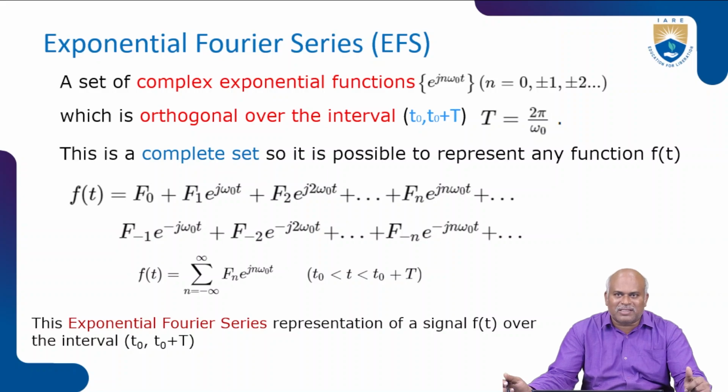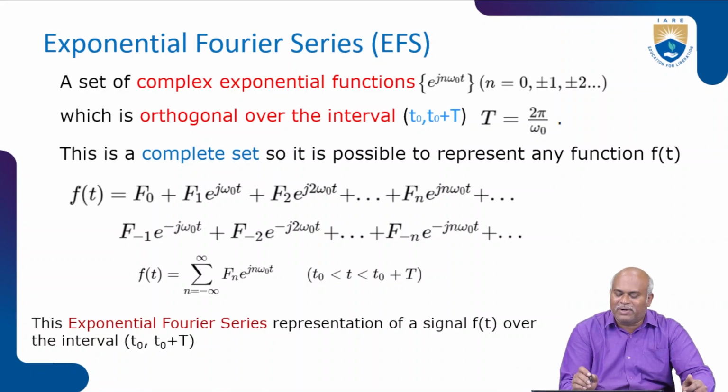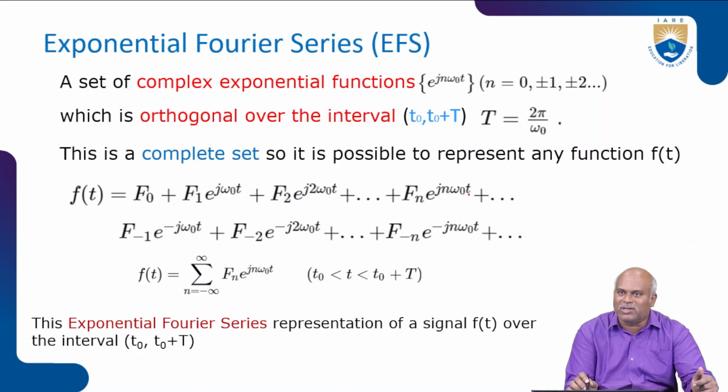This is a complex set, so it is possible to represent any function f of t. I write f of t is equal to f0 plus f1 e power j omega 0 t plus f2 e power j 2 omega 0 t plus up to f of n e power j n omega 0 t. It is going to happen up to infinity.